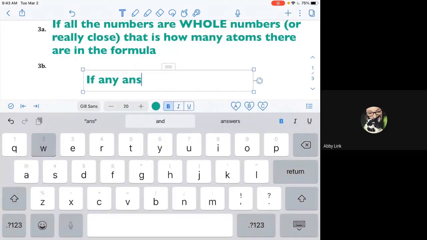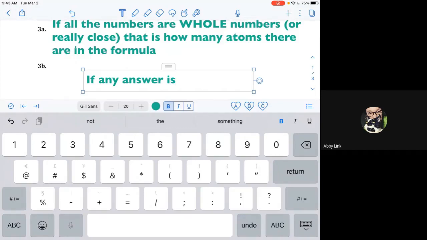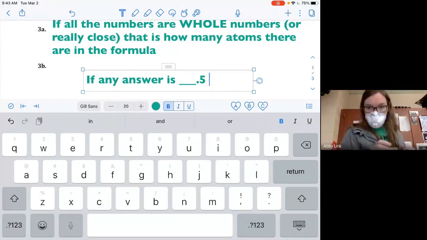If we have not all whole numbers, okay? So if any answer is, do like an underline, 0.5. So what that means is a blank 0.5. So it could be 0.5, it could be 1.5, it could be 2.5, it could be 3.5, okay? Or really close to 0.5.